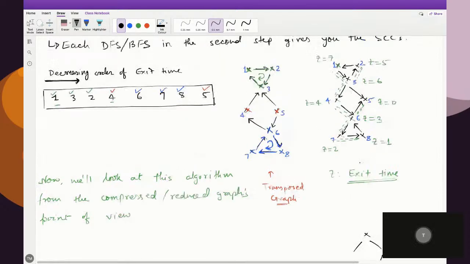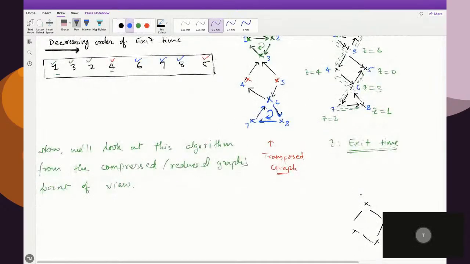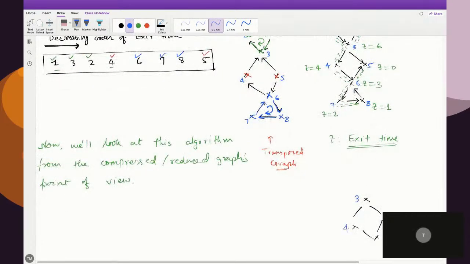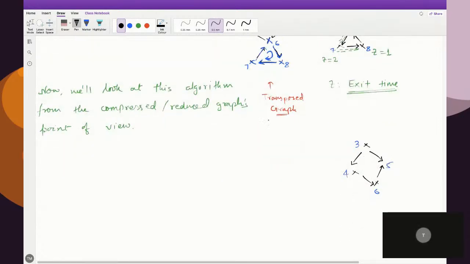This was the connected, this was the compressed graph, right? Like this was node number 3, this was node number 4, 5, and node number 6, and the edges were marked in this fashion.